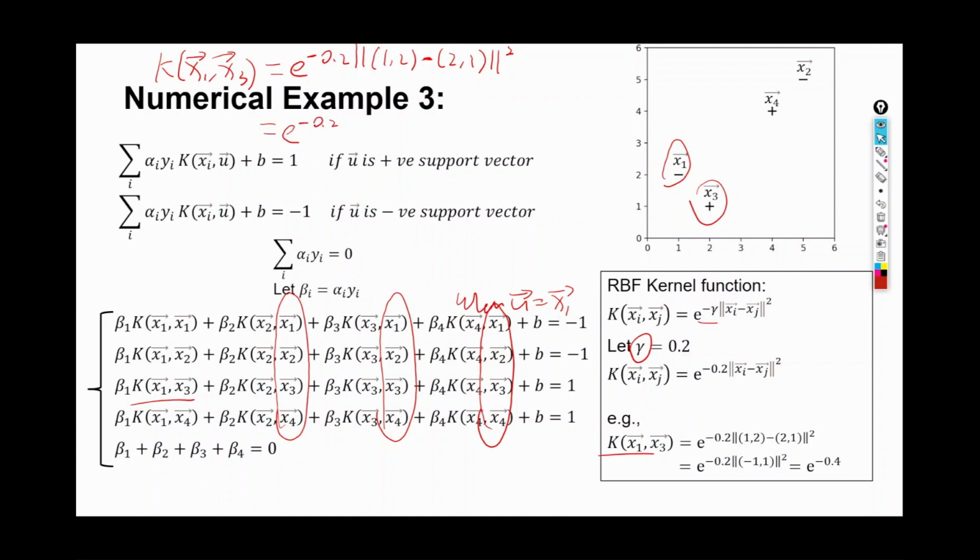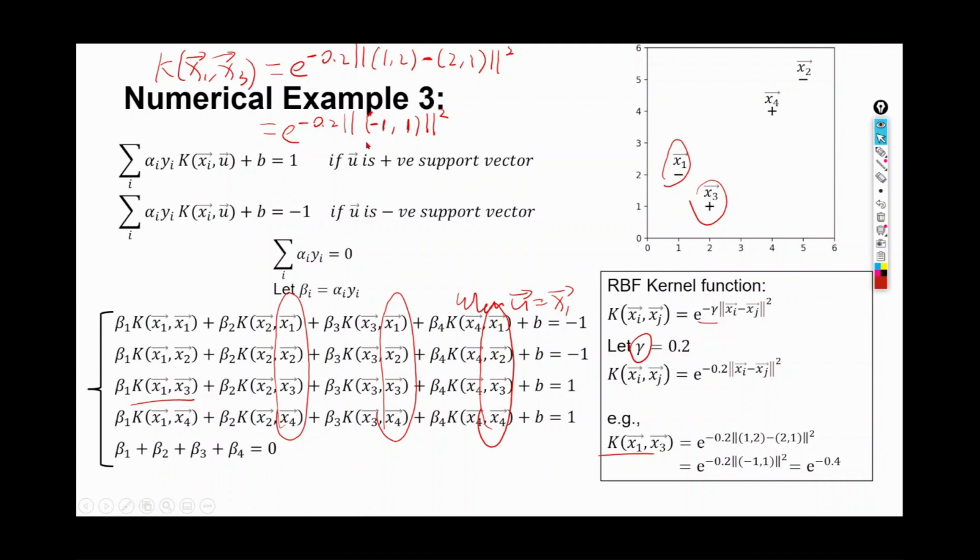This is basically a vector difference subtraction. So 1 minus 2 is -1, and 2 minus 1 is 1. Within the double pipes, this is just a vector.